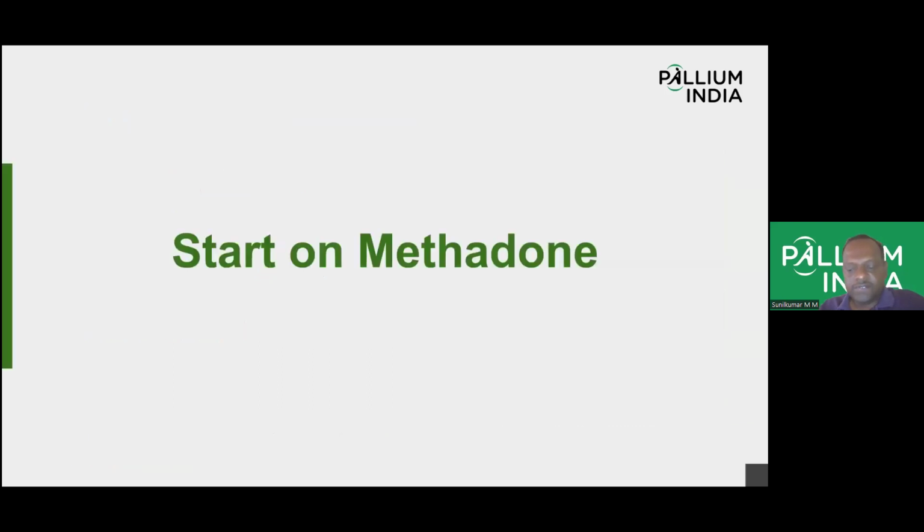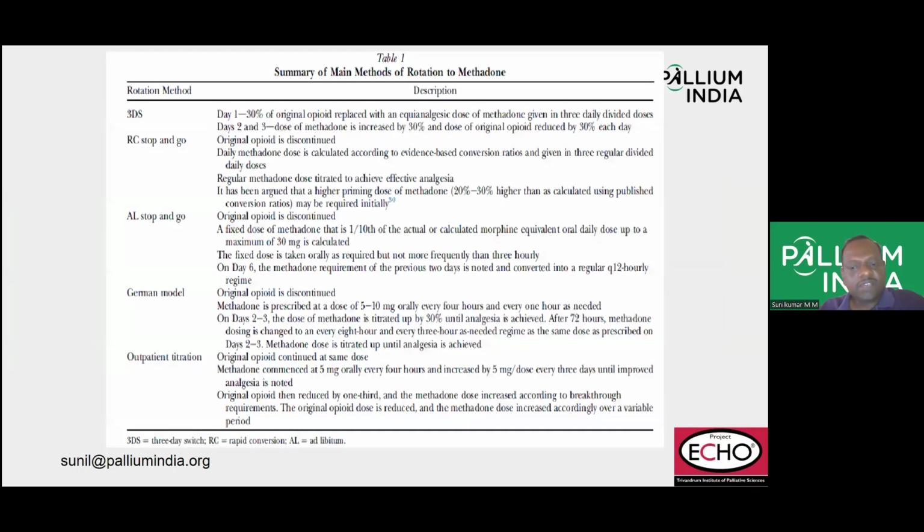Okay, so when we looked at the literature, how to start methadone, there are many methods, and you can see 3-day switch method, rapid conversion stop and go method, ad libitum stop and go method, German model, outpatient titration. So we were confused how to go about, but we also understood that the people whom we taught, they use 3-day switch and they recommend 3-day switch.